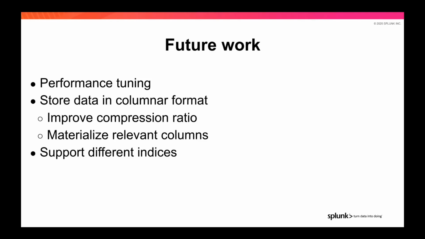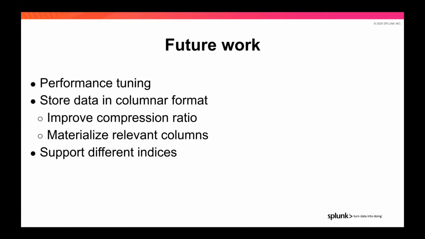There are obviously a lot of benefits of storing data in a columnar format for querying it in an OLAP use case: it improves compression ratio, and you only have to materialize relevant columns. So we're exploring how we can leverage columnar format to improve the performance of SQL, how to store this data in Pulsar or in tiered storage in S3 in that format, so that Pulsar SQL can leverage that.